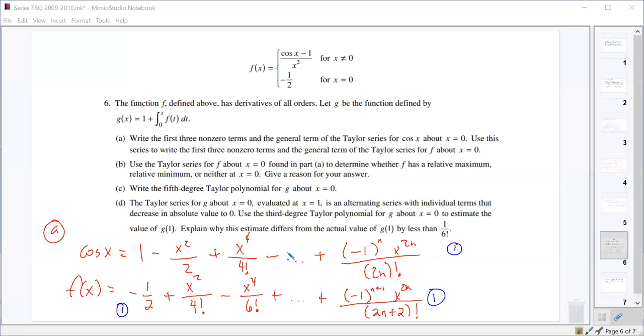So Shayla, it's the 2n plus 2 factorial. We just kind of got to come up with that. We'll notice that we had 2n factorial for cosine, but since we divided by x squared, each of these terms dropped down by a power of 2, but it didn't change the factorial. So this one was x squared over 2 factorial, and that dropped down to -1 over 2 factorial.